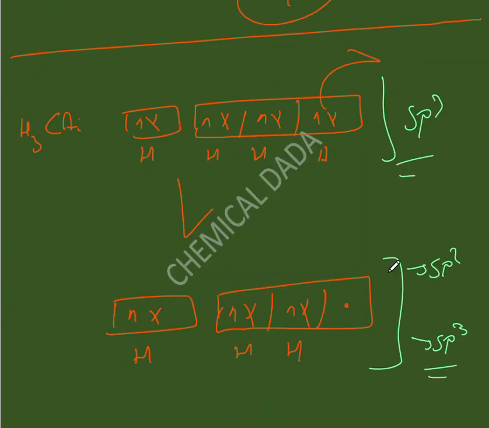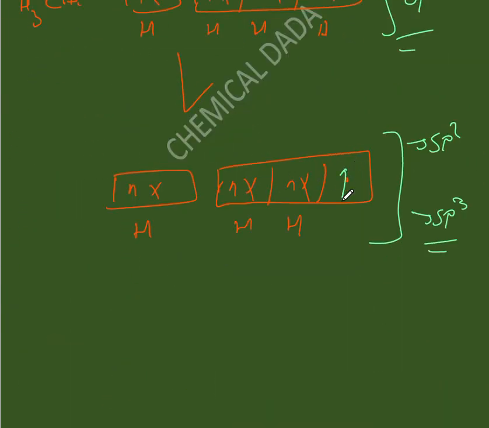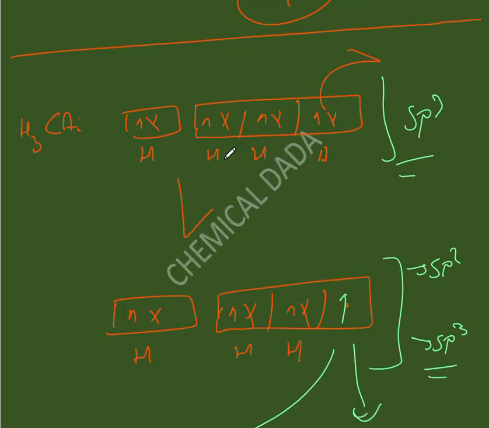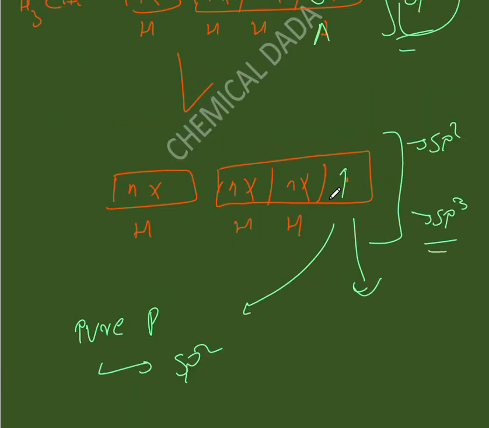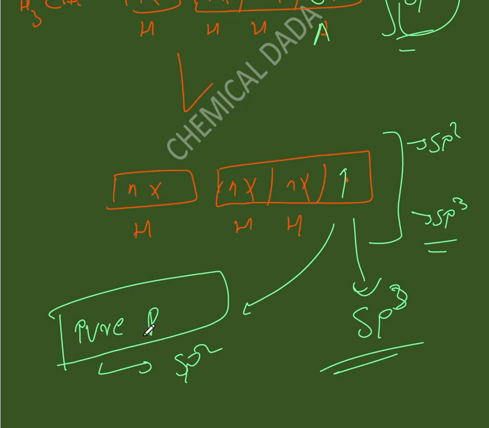If the odd electron is kept in a pure p orbital, you get sp2, and if it is kept in a hybridized orbital, as it already was in this bonded species where A was already there, this electron was kept in a hybrid orbital. Now you have two choices. You can either continue to keep the electron in the hybrid orbital and keep it sp3 like before, or you can shift it to a pure p orbital and change the entire molecule to sp2.